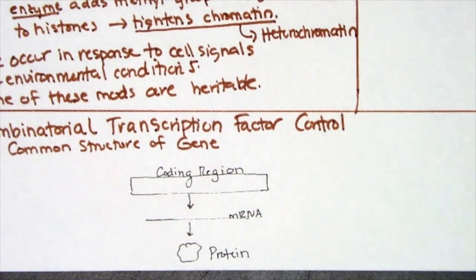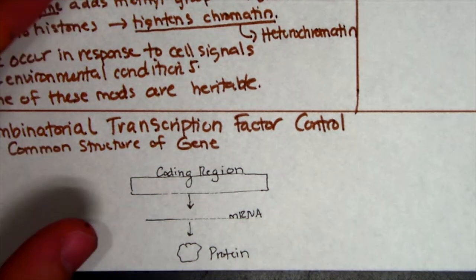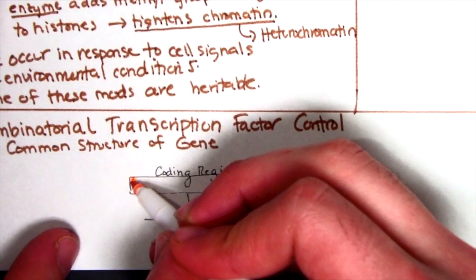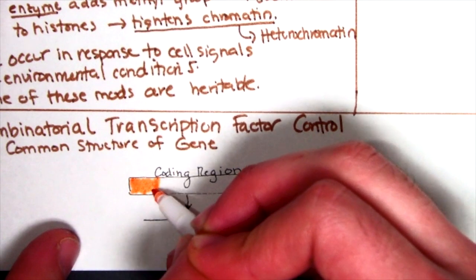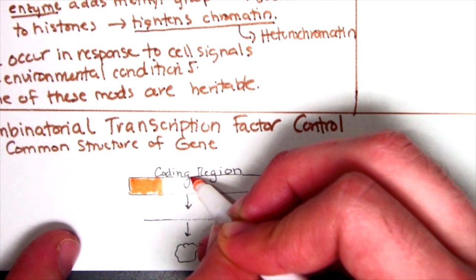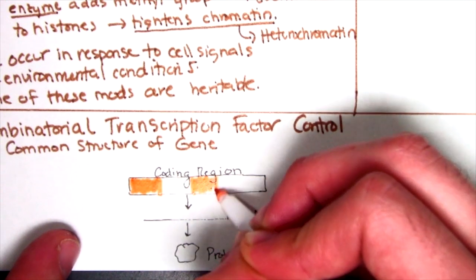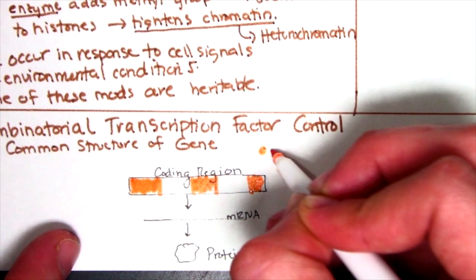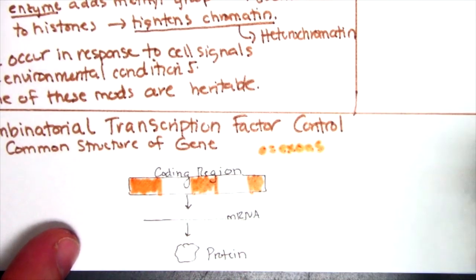What's the difference between those two again? What's an exon do? Evan, do you recall what an exon does? So if I have these few sections right here, let's say these are exons.